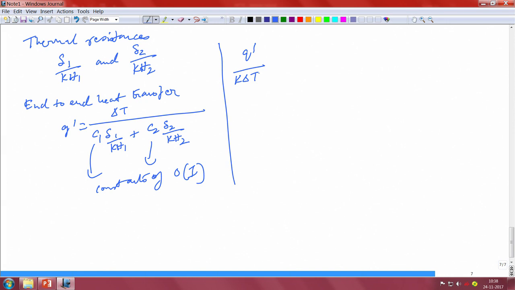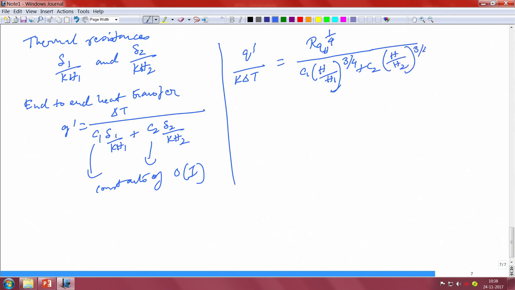q prime by k delta T. This would be given as Ra_h to the power of 1/4 divided by C1 (h by h1) to the power of 3/4 plus C2 (h by h2) to the power of 3/4.